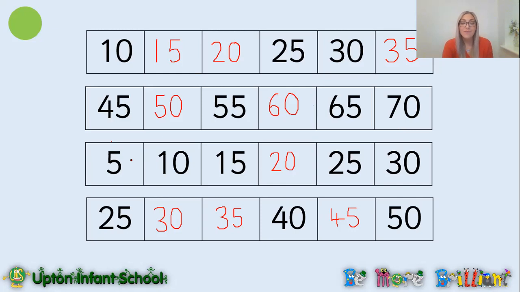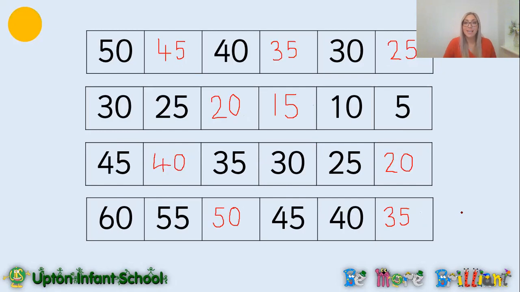Next one, 5, 10, 15, 20, 25, 30. Last one, 25, 30, 35, 40, 45, 50. Okay, so give yourselves a big tick for each row that you got right, and also give yourself another big tick if your numbers are the right way round.